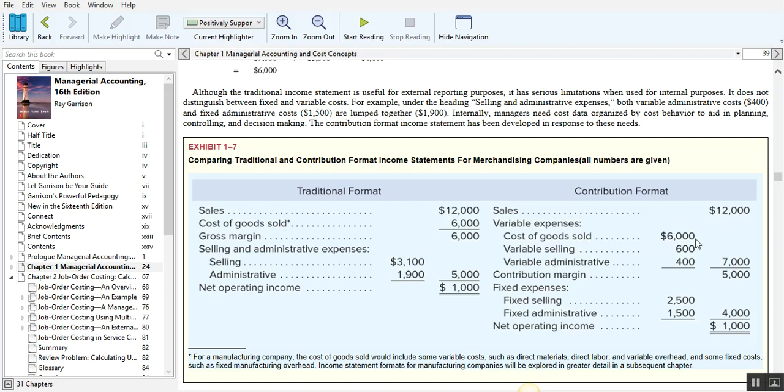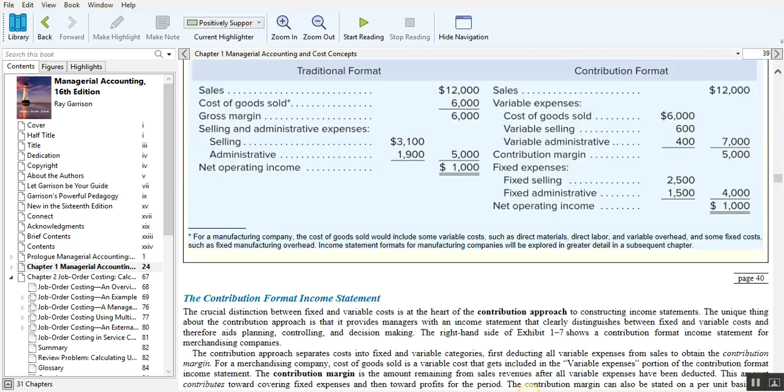So we're going to deduct the cost of goods sold, but we're going to identify variable selling expense and variable administrative expense because these are directly connected to how much product we're selling. So we're going to reduce that out, and we're going to identify then the contribution margin, or what this product will contribute toward fixed overhead costs.